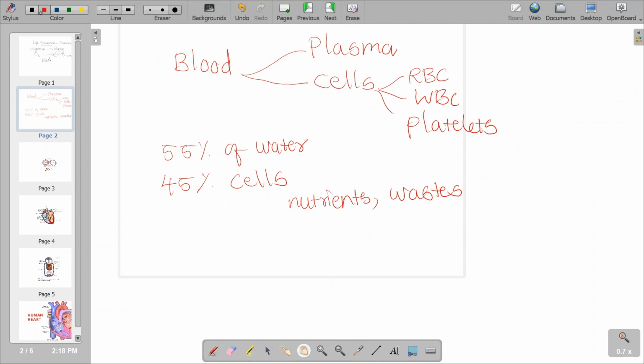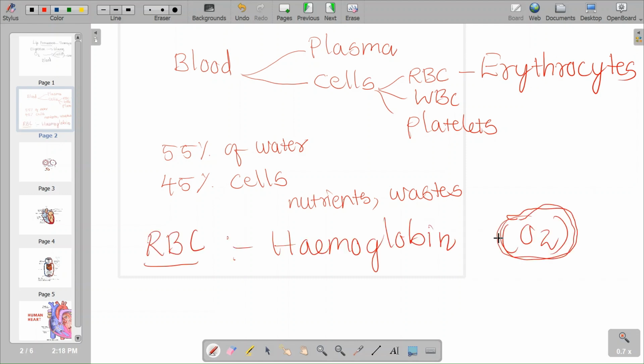RBC, red blood cells, are also called erythrocytes. Now, what is the function of this RBC? RBC contains a respiratory pigment called hemoglobin.